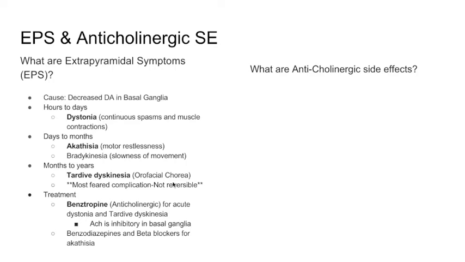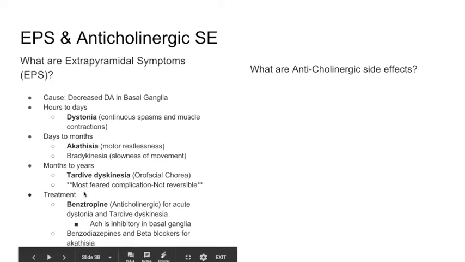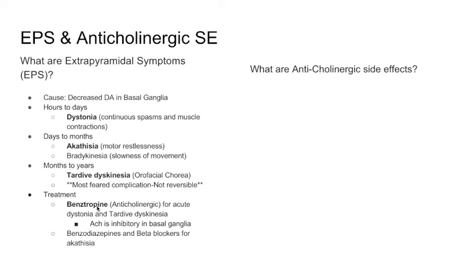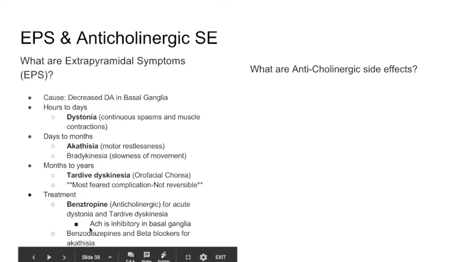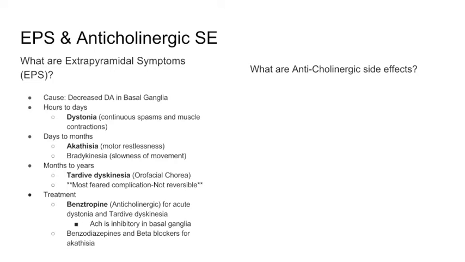Now, if you have a patient that is getting these extrapyramidal side effects, what are you going to do for them? What is the treatment? The treatment is a medication called benztropine. I'm not sure if we've gone through benztropine before, but it is an anticholinergic medication. The reason you use an anticholinergic is that, if you remember from your neuroscience in M1 year, acetylcholine is an inhibitory neurotransmitter in the basal ganglia.